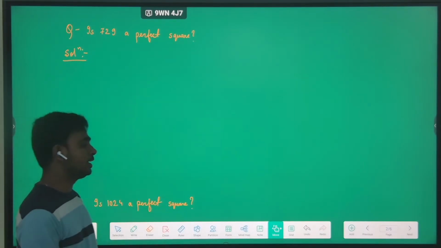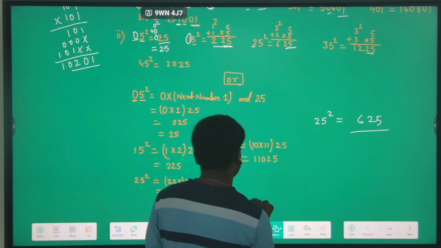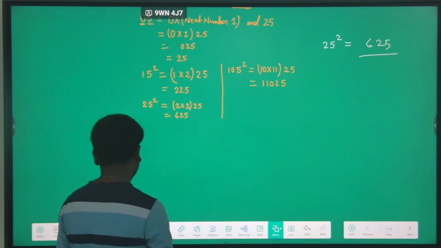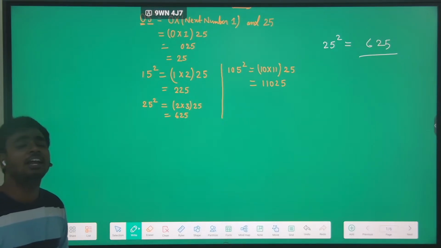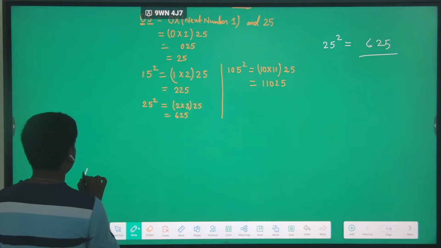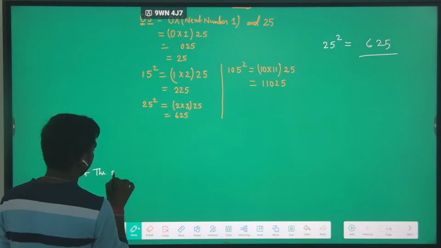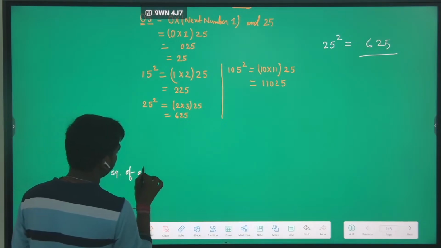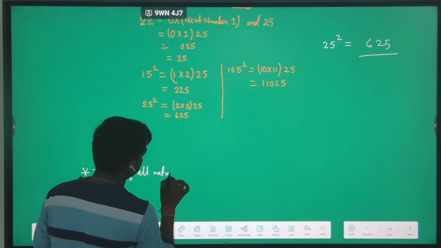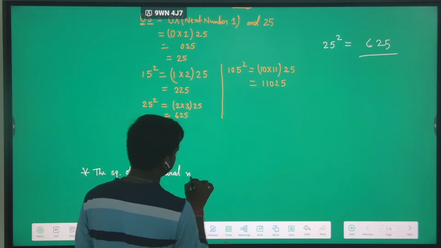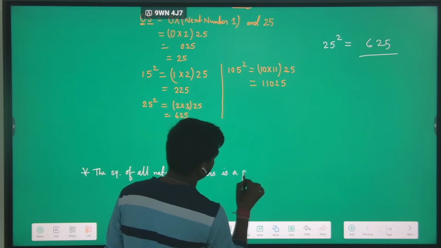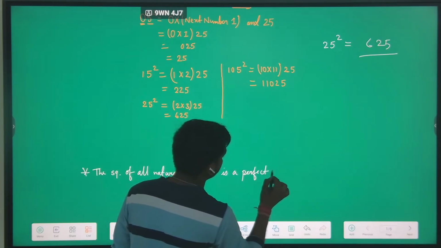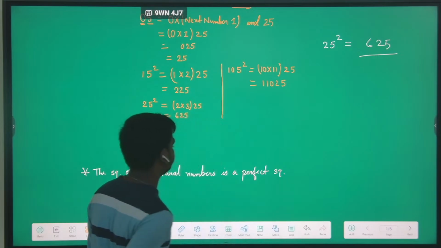Now, what I am going to say: till now, we have studied that the square of all natural numbers is a perfect square.